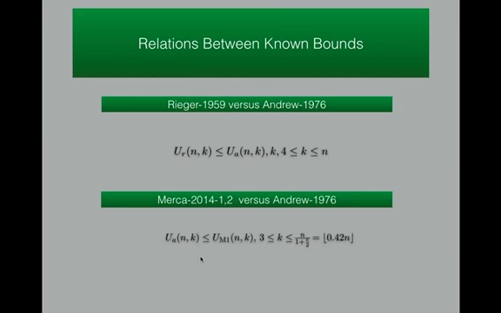It also establishes that the first and the second bounds stated in the 2004 work are not as tight as Ender's bound, that is to say, Ender's bound is tighter when k is varied between 3 and this number, which is equal to the floor of 0.42 n.